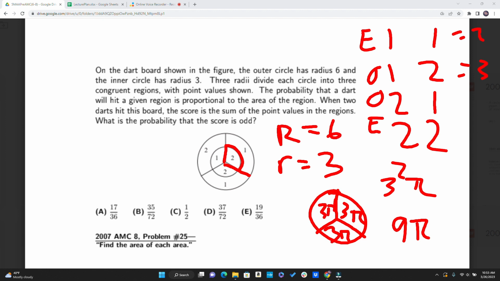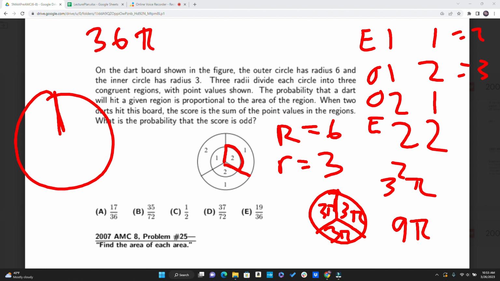Okay, what about the large circle? We know the large circle has radius 6, so its area is 6 squared times pi, 6 times 6 times pi, that's 36 pi. But we have to take away the part of the big circle that's taken up by the little circle, so minus the little circle's area. 36 minus 9 is 27 pi.